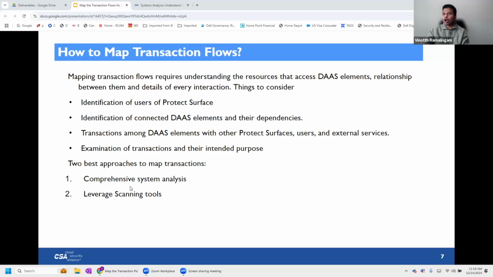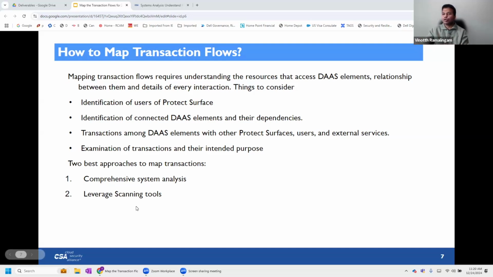As far as the approach, well, there have been various ways. What we talk about is a comprehensive system analysis, which you will dig into in the next few slides, where we start simple with what you know already, meaning the organization might have a data flow diagram, network diagram, architecture diagram, and many other things. Start with what you know, do a comprehensive analysis of all of that in partnership with the stakeholders, which is a key thing because they are the ones who help you understand the business context, with which you can develop the transaction flows.